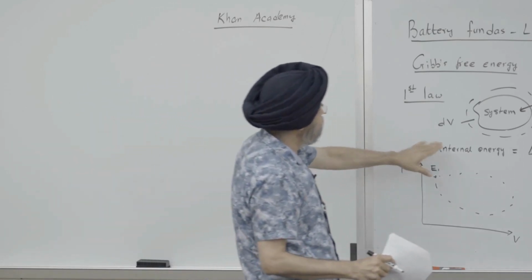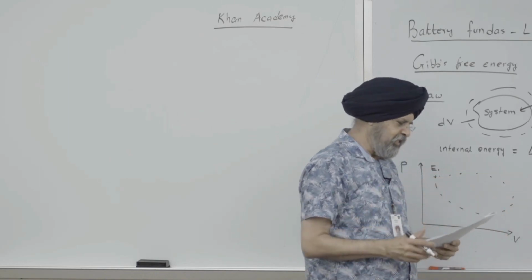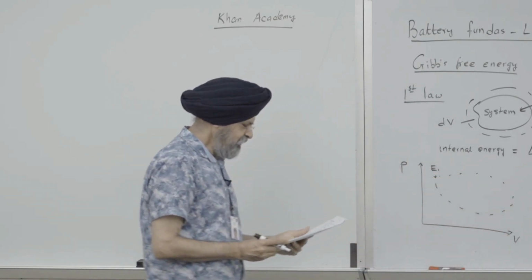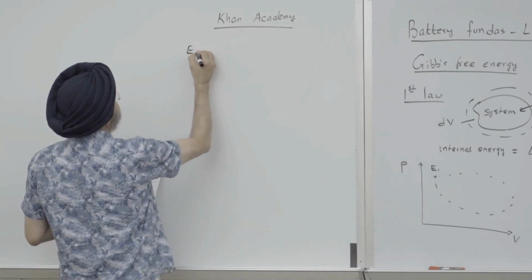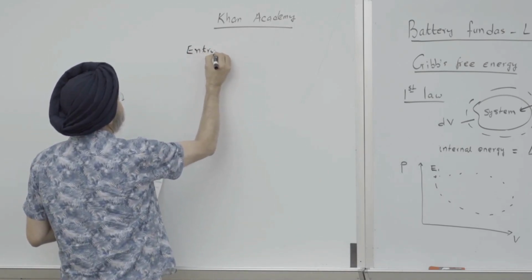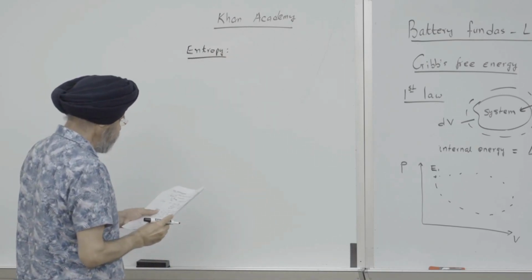Okay, so we did the first law and we did enthalpy. We did one more thing, and that is entropy. So what the hell is entropy? Entropy is pretty simple.